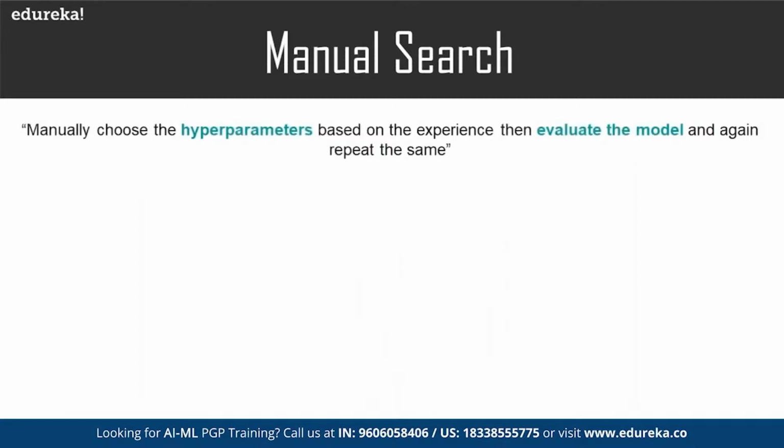So manual search here: we manually choose the hyperparameters. How do we go about doing that? We do it based on experience with the machine learning methods.